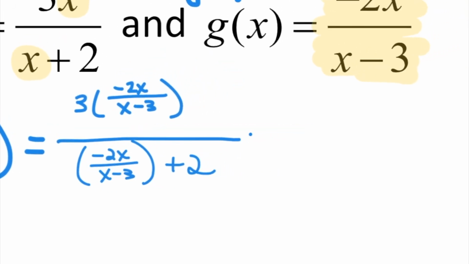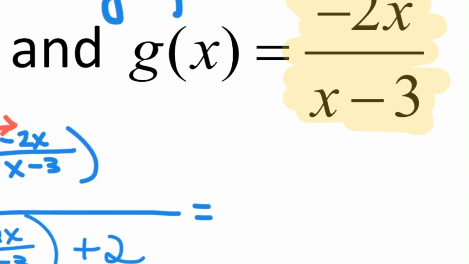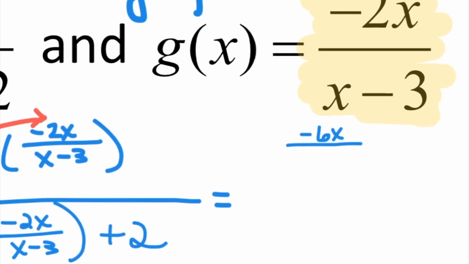Now, in the numerator, I'm going to multiply, but remember that when you multiply a whole number times a fraction, you only multiply the numerators. And so that big fraction is going to have negative 6x in the numerator and x minus 3 in the denominator. That's your numerator.